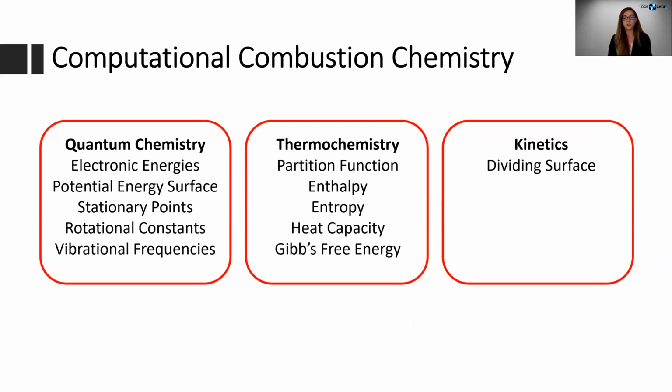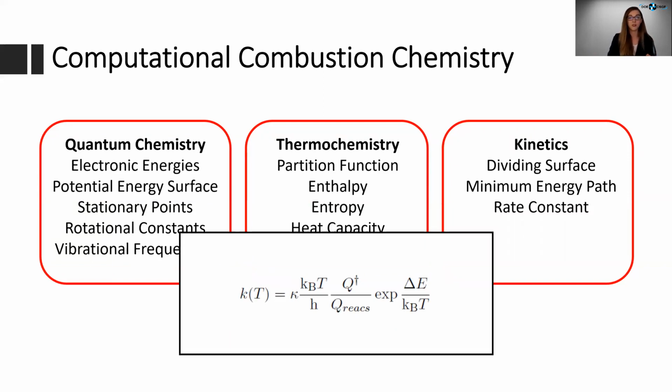And then kinetics is based all upon partition functions as well, but we need to have a dividing surface between our reactants and our products that minimizes the reactive flux. So often we call this our transition state. And we find the minimum energy path from the reactants over the transition state to the products. And we can use canonical transition state theory in order to solve for rate constants.